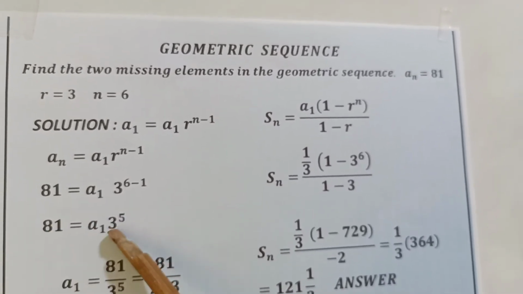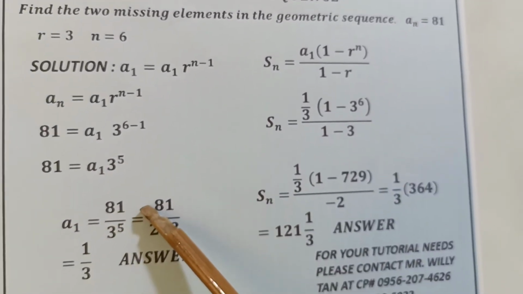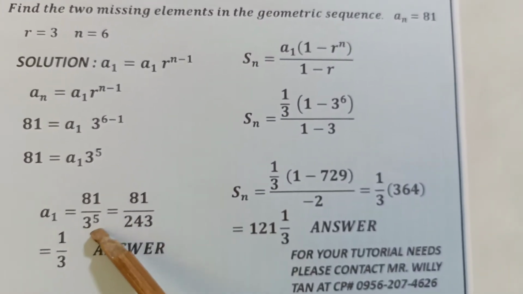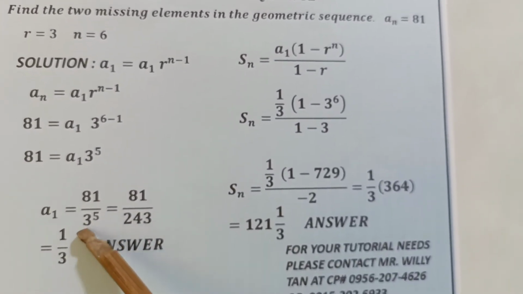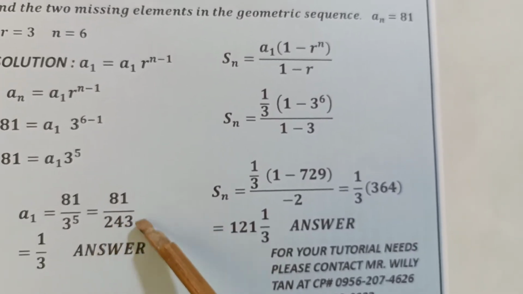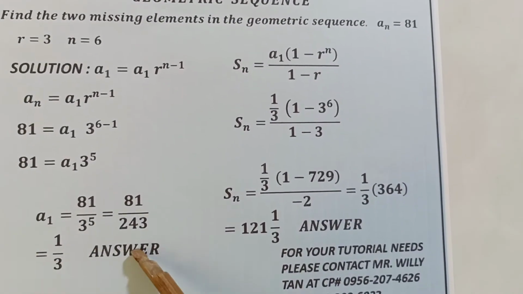Solving for a sub 1, a sub 1 is equal to 81 over 3 raised to 5. 3 raised to 5 is equal to 243, and 81 over 243 is equal to 1/3. So we have this first answer here.